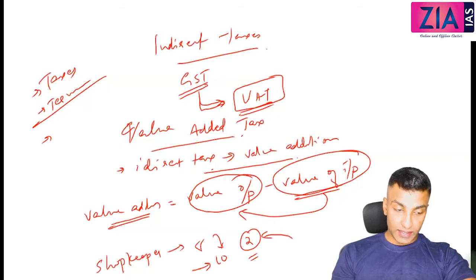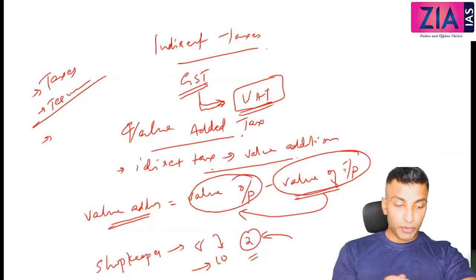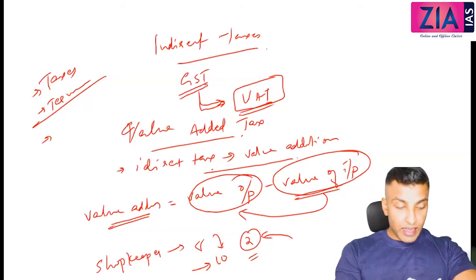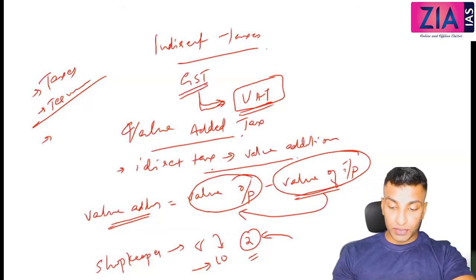Sales is at the sales stage and by the states, excise by the center, production level, service tax, you know that. Okay, comma, because it is imposed on each stage of production and distribution of goods and services.